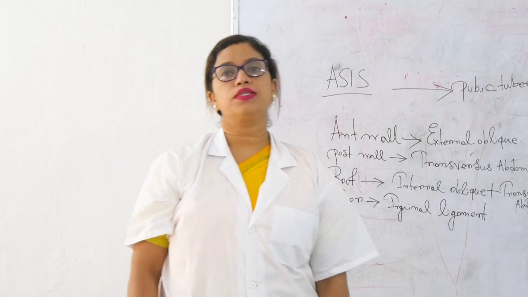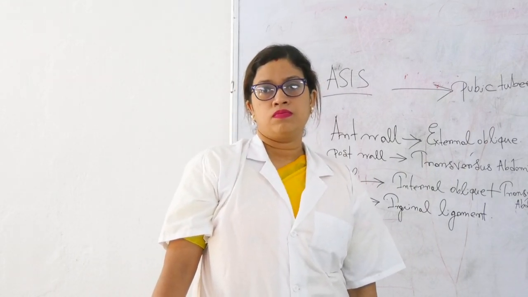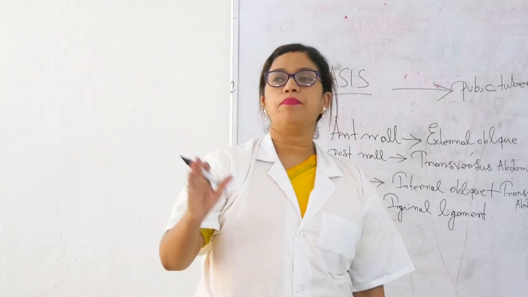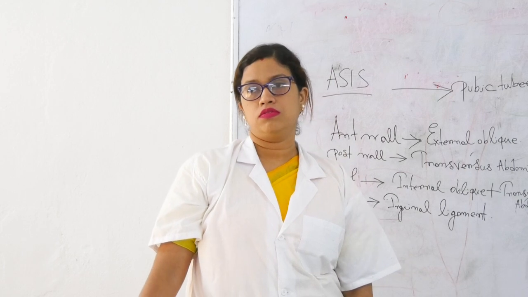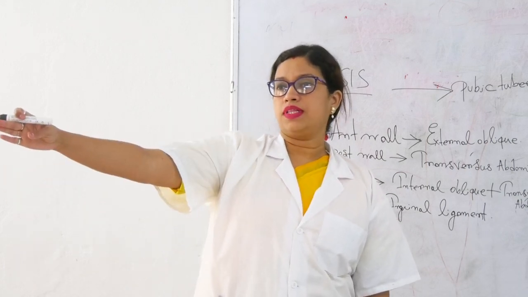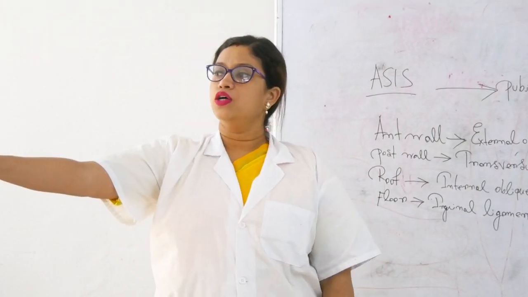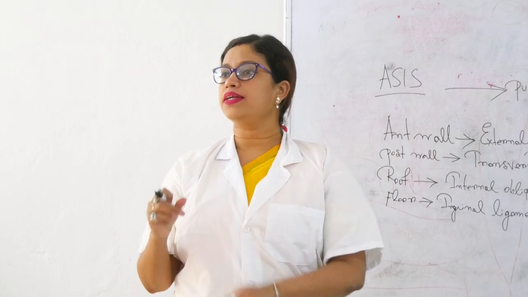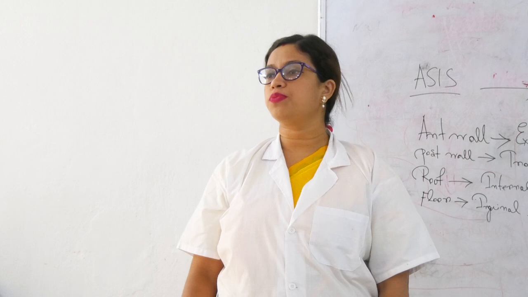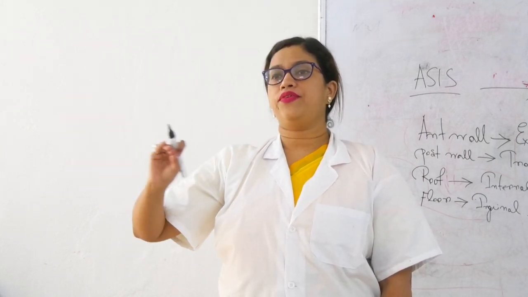Now tell me which one is the mid inguinal point? What is the difference between pubic symphysis and pubic tubercle? If you see the skeleton, anteriorly the joint where the two pubic bones join together is the symphysis pubis. But the pubic tubercle is approximately 2.5 cm lateral.